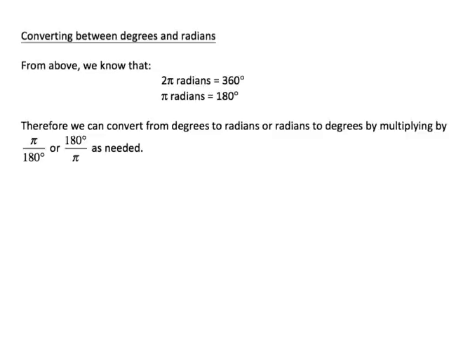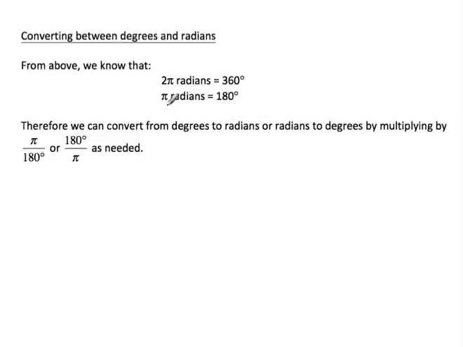We also need to know how to convert between degrees and radians. As we saw in the example with the circles above, 2 pi radians, getting all the way around the circle, is equivalent to an angle of 360 degrees. And pi radians, getting halfway around the circle, is equivalent to an angle of 180 degrees.